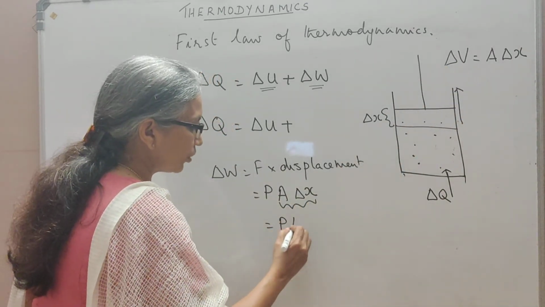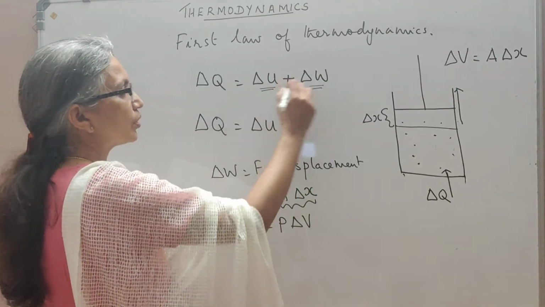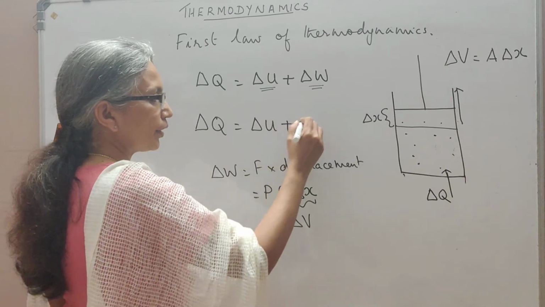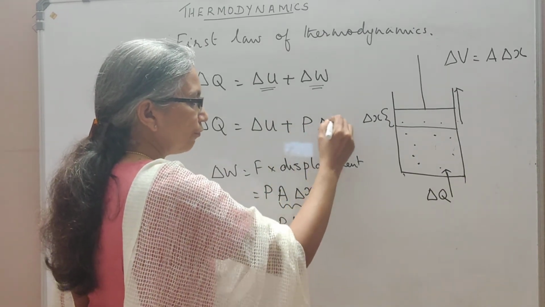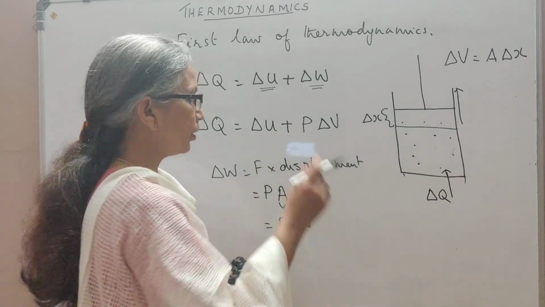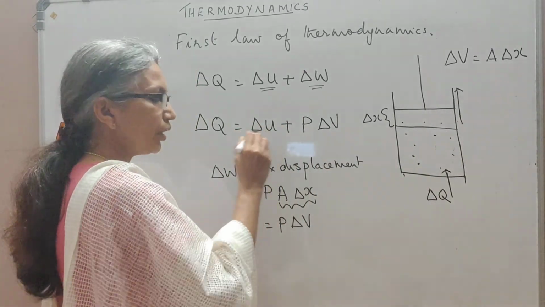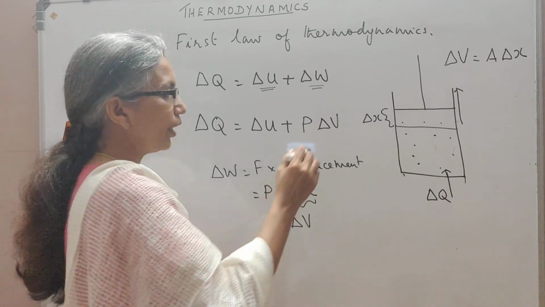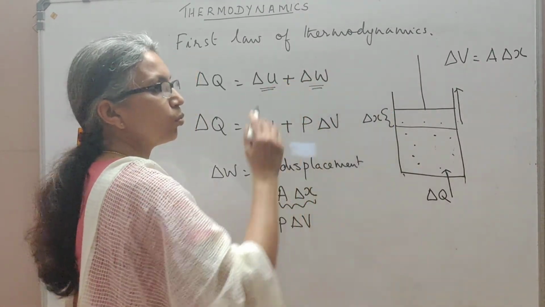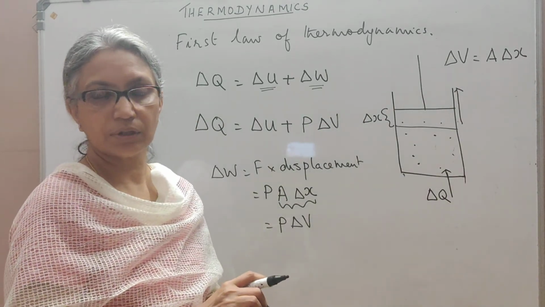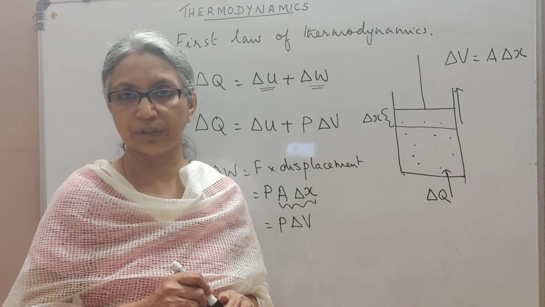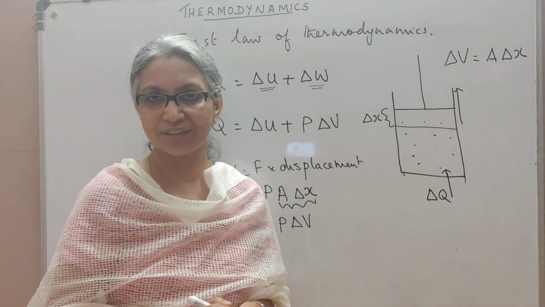So this is P into delta V. So you may also state the first law of thermodynamics as delta Q equal to delta U plus P delta V, where delta Q is the quantity of heat transferred to the system, which is used up to change the internal energy of the system and also to change the volume, whereby there is work done by the system. Okay, so we will stop our discussion of the first part of our chapter now and continue in the next session. Thank you.